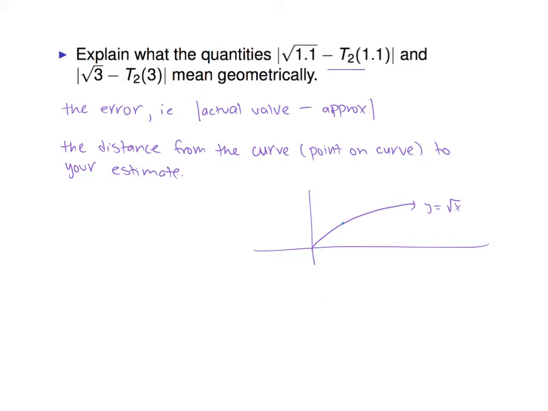You have this 0.1 and you've got some polynomial, some sort of quadratic thing. So if this is 3 out here, this is T2 of 3. This value is root 3, and that absolute value is how far apart they are, right? And when you take the absolute value, you just get rid of the sign. You lose the information on whether it was an under or over estimate.